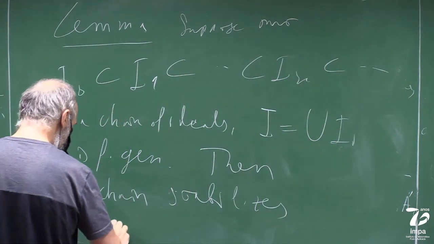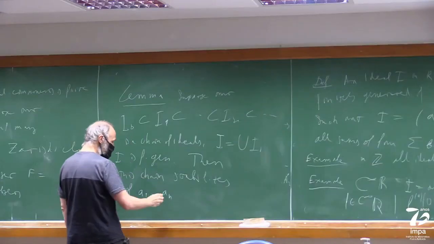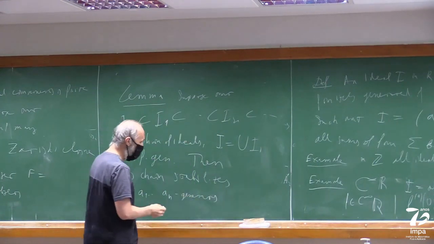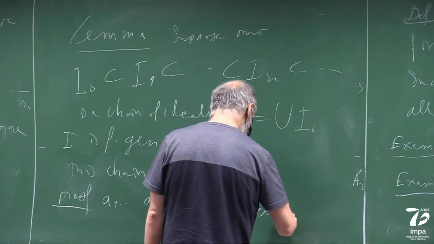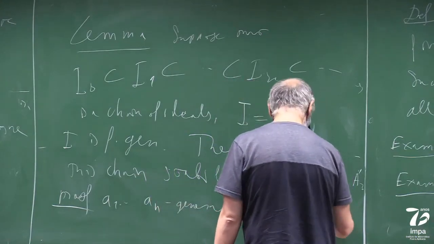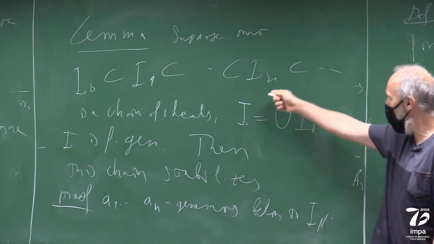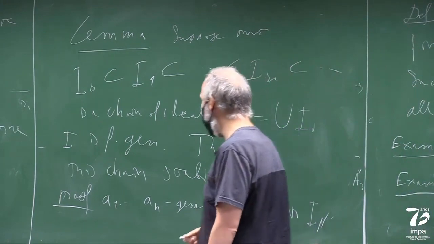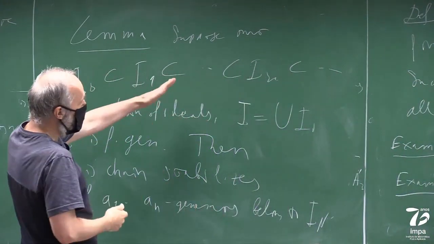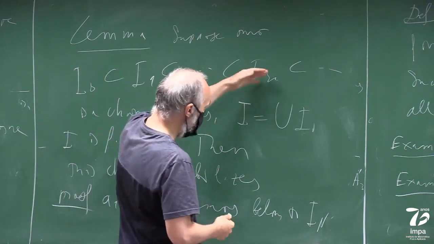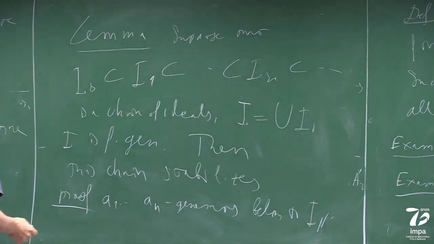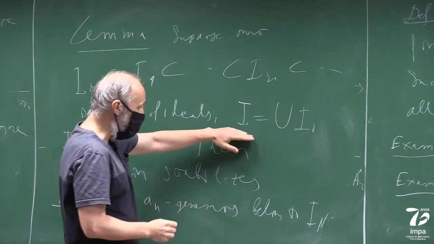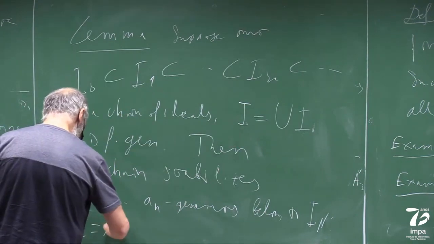So you have a1, ..., an as the generators. And they belong to I_N for N sufficiently big, because each of them belongs to some of these I_k, so the set of all these generators belongs to the ideal with the biggest index among them. And this set of generators generates I. So this means that I is equal to I_N.